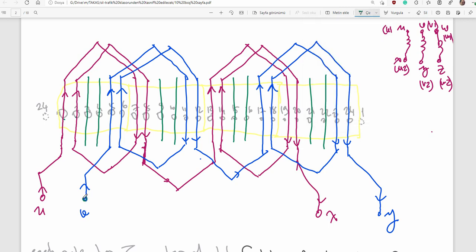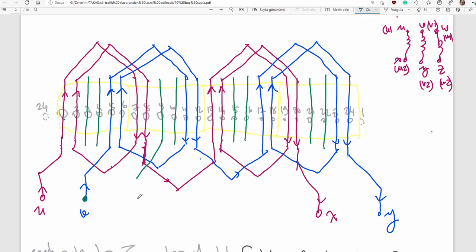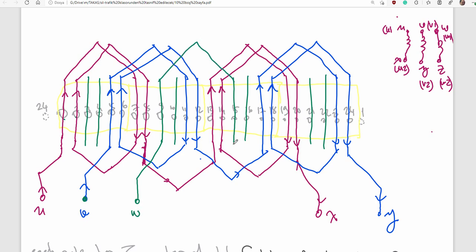Start from the second phase, from here. 30, 60, 90, 120. Gentlemen, 120. W. Jump up. Connect. Jump to the second coil. Hocam, there is no return.